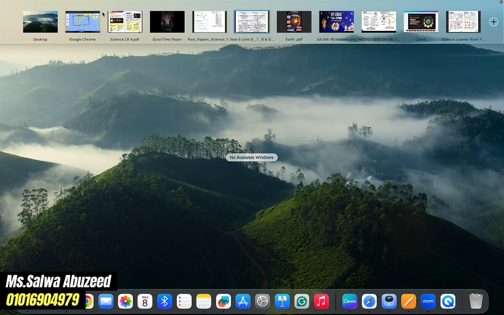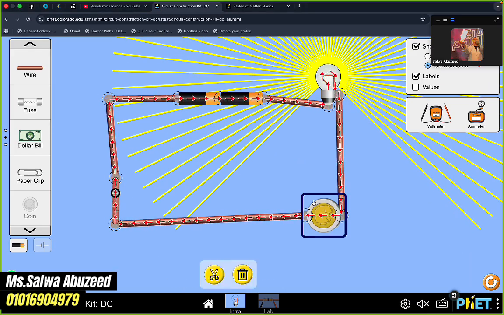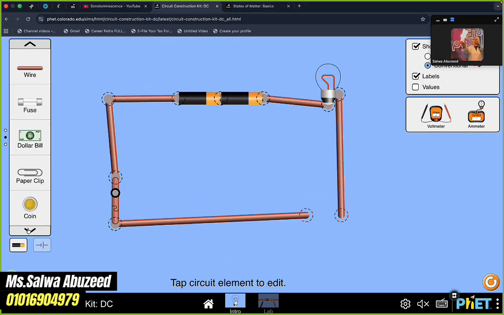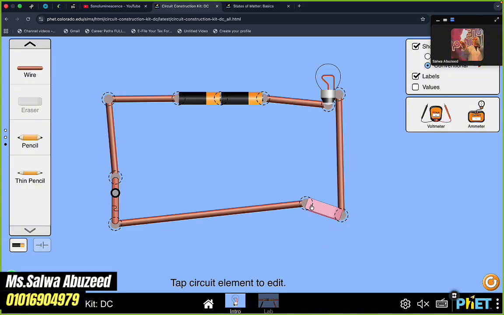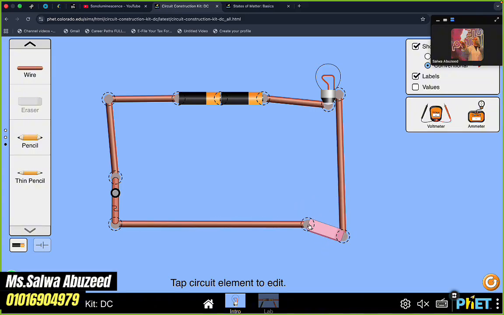I'll show you right now. So let's remove this coin. I will try something else. Let's use the eraser. Using the eraser, it is not metal, so it will not conduct electricity, which means it is an electric insulator. So thank you very much for knowing this.